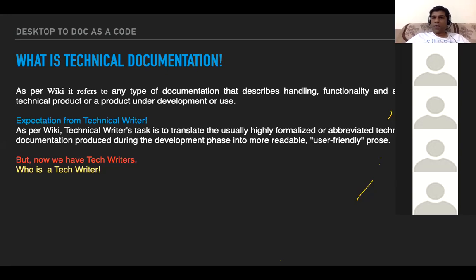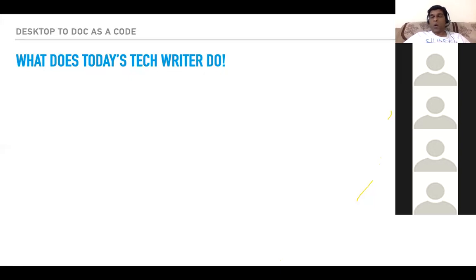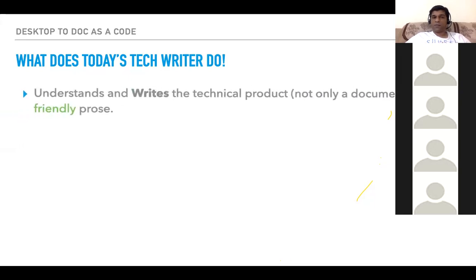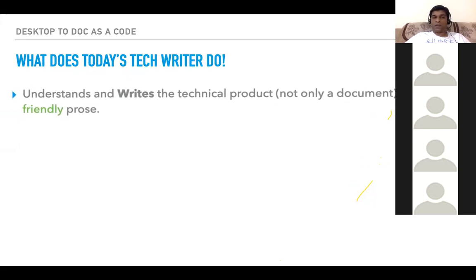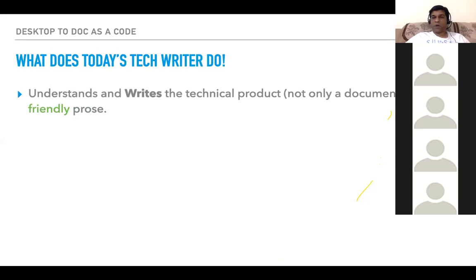And in all this process, what do we do as tech writers? We understand and write about the technical product. We don't just refer to a document like long ago we used to do with RFPs and other design documents.